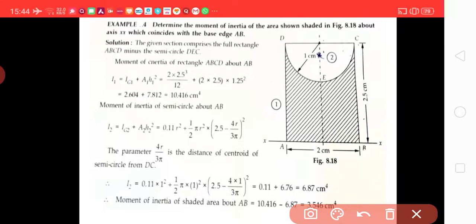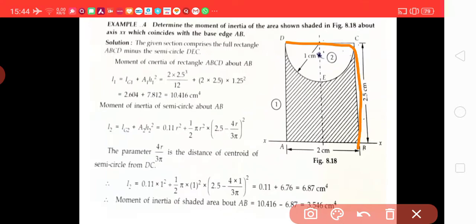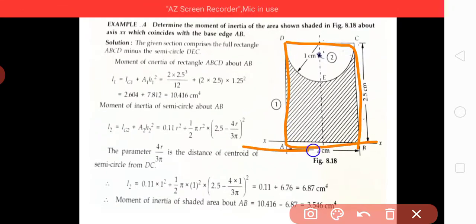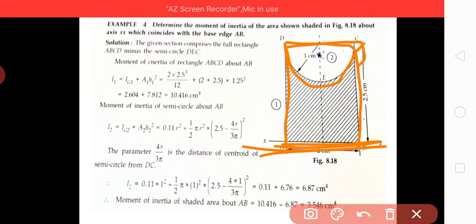So here what we have to do is apply a concept: first of all find the moment of inertia of this whole rectangle about the x-axis, and then reduce the moment of inertia of this semicircle from the rectangle's moment of inertia about the same axis. So first of all find the centroids.